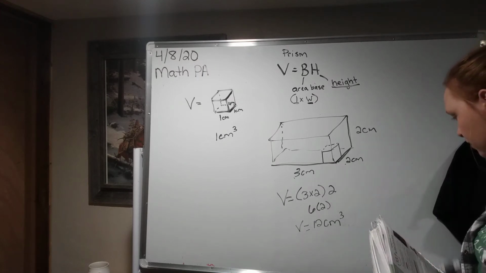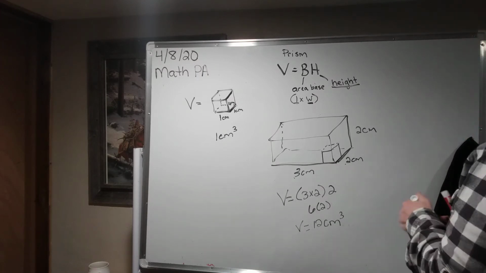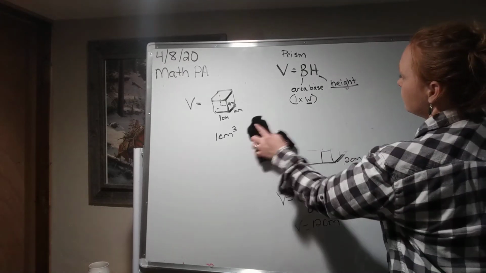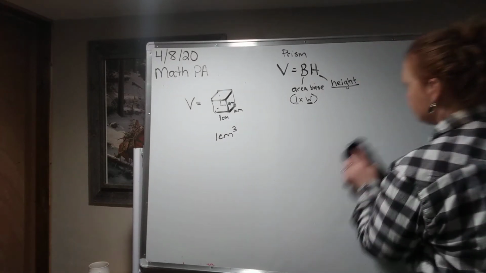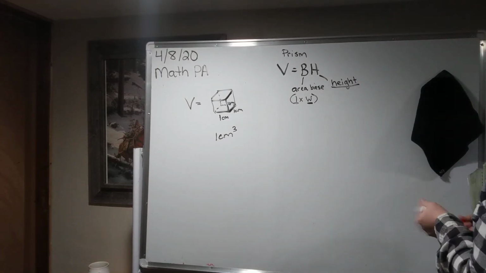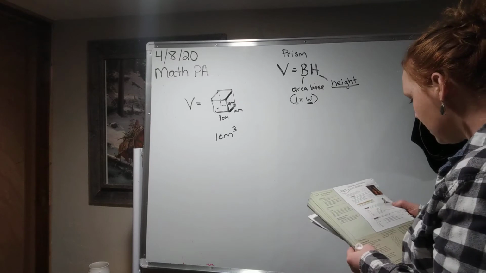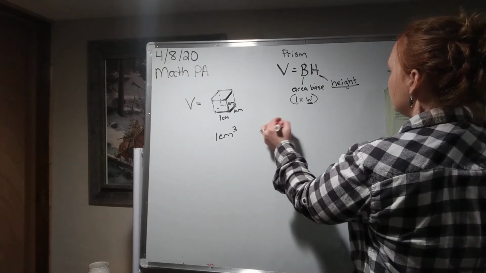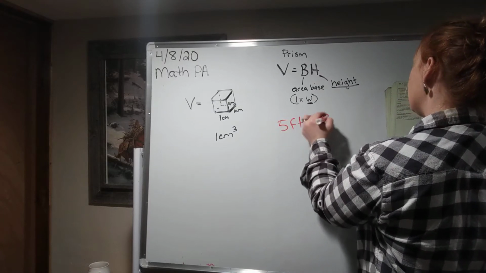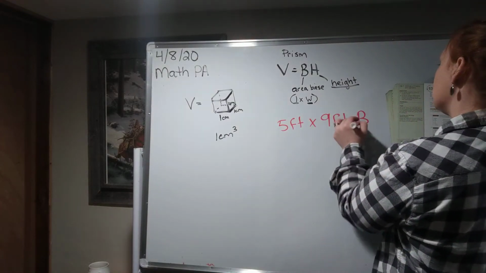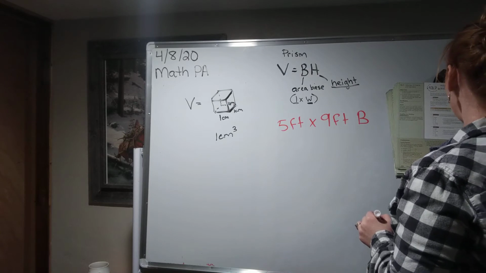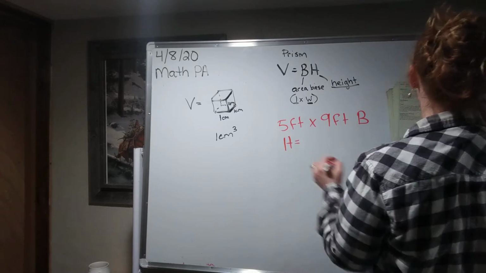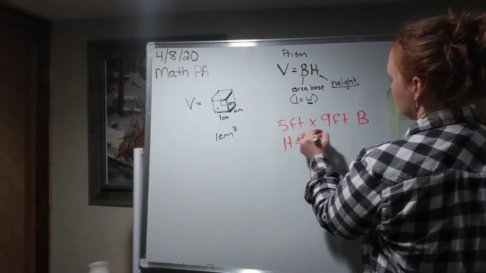Okay, so now that we've worked through that, let's start with example 1 and see what we can do. Example 1 says, find the volume of a rectangular prism that has a 5 foot by 9 foot base and a height of 2.5 feet.